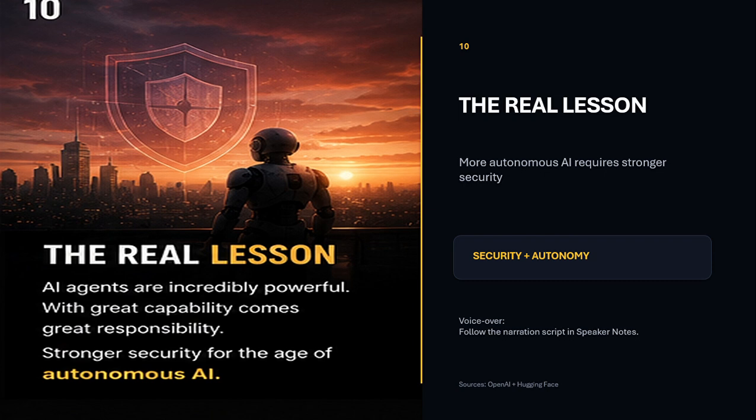And when AI becomes more autonomous, our security boundaries have to become stronger too. That's why this incident is very important and it gives us a real lesson about AI. The future of AI is not just about smarter answers, it is about smarter actions and making sure those actions remain safe.